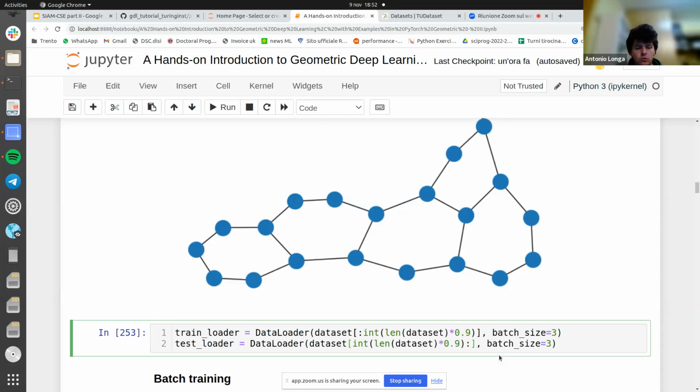What you would like to do is predict a property for each graph, so you need to use a strategy for graph classification. On the other hand, if you have an entire network, let's say Facebook, then the network is huge, and what you would like to predict is the property of the node. This distinguishes node classification from graph classification tasks.